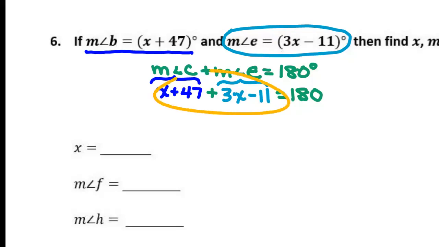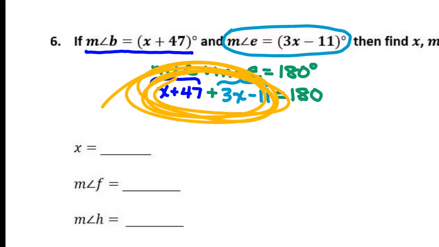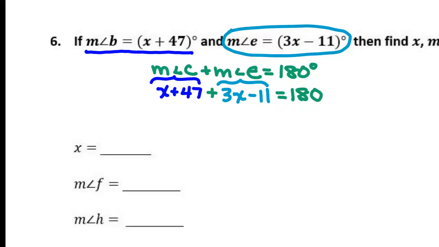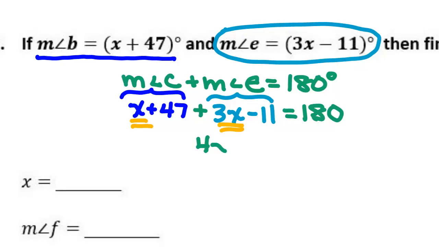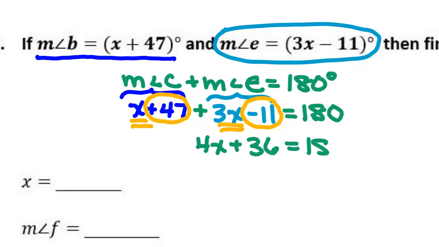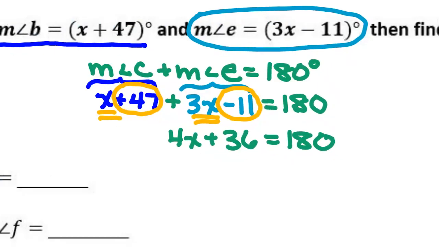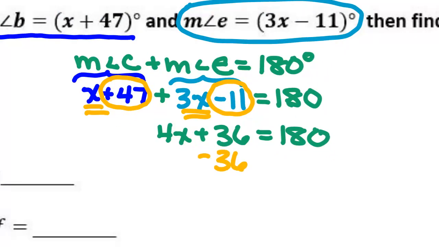All of this stuff over here is all on the same side of the equal sign, so we just combine it together. I combine x and 3x and get what? 4x. And then I combine a positive 47 with a negative 11. What will that give me? 36. So 4x plus 36 equals 180. And then I'm going to minus 36 from both sides.